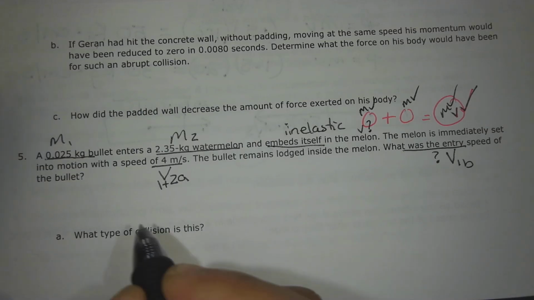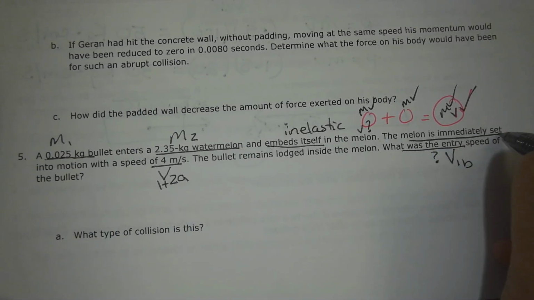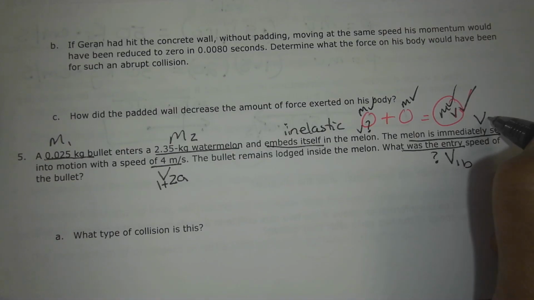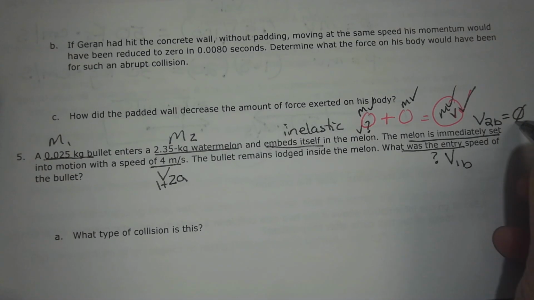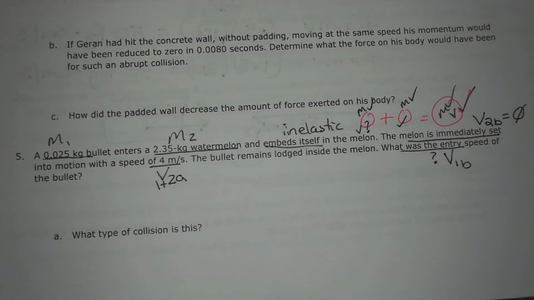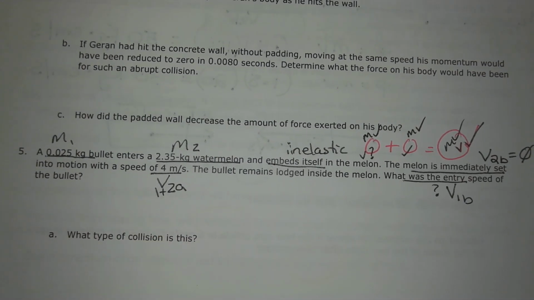Good call. So the velocity of object 2 before the collision is 0. Check. I understand if you're going to ChatGPT this or whatever, perfectly fine, but I want to make sure that we understand it. So that was a great question.